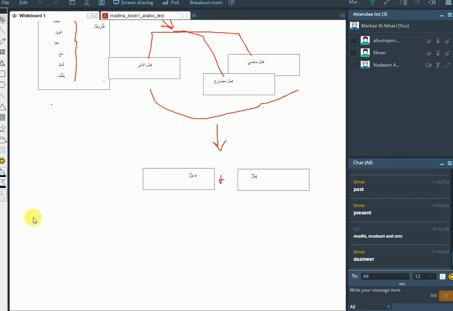So let's have an example now. See if I can write. There you go. Kataba. This is a fi'l.